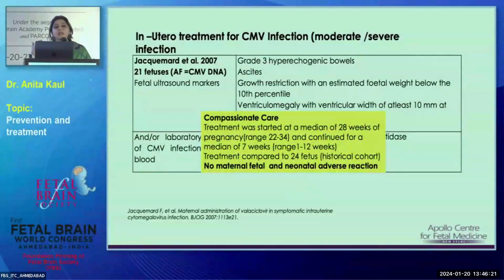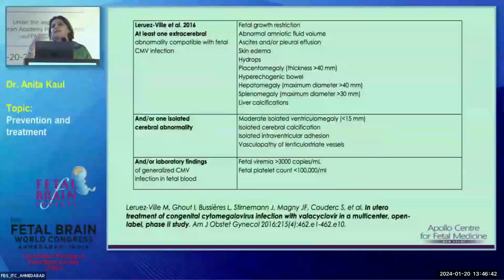They started, on a compassionate care basis, giving them valacyclovir. It was started at around 28 weeks and given for a median of 7 weeks. They found that when these babies were born, they were okay. There were about 20 fetuses and they were fine. This group then went on to do a proper randomized trial of in utero infection, valacyclovir against placebo.